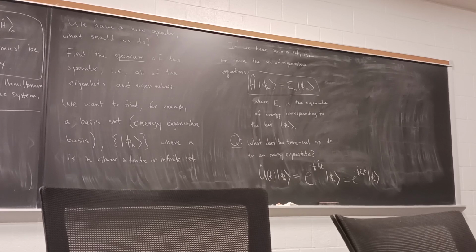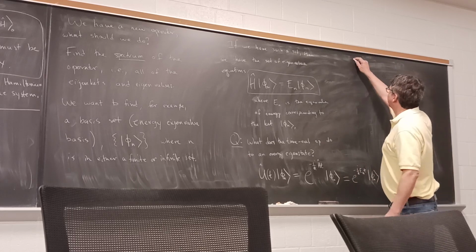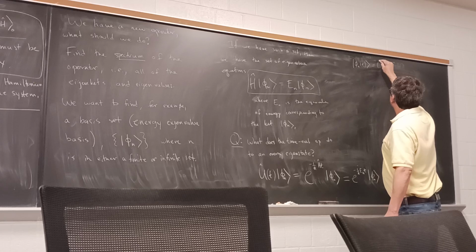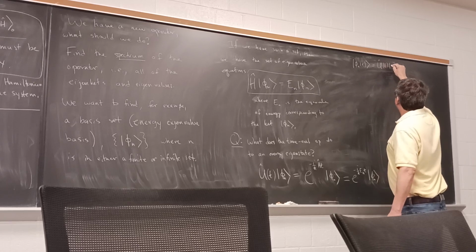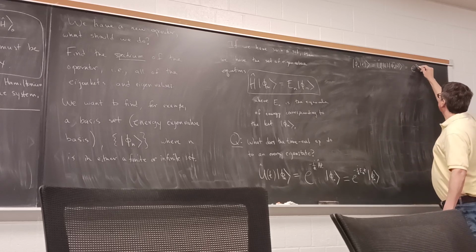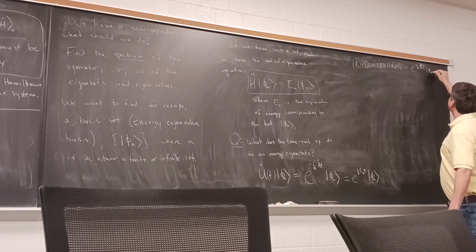You don't have to work it out: you can expand it, all the H's turn to E's, and then recompress it back into the exponential. So that means phi n of t is e to the minus i over h bar E_n t times phi n.